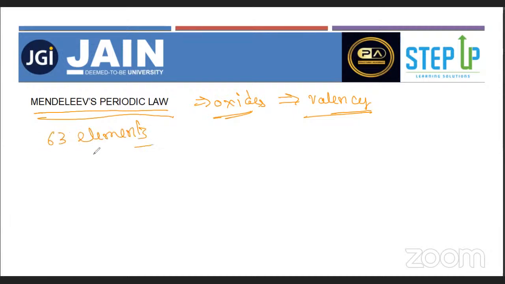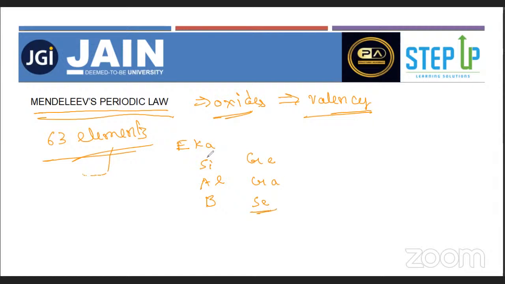After arranging, he left a few places, calling them eka-silicon, eka-aluminium, or eka-boron. Later, with the discovery of these elements, eka-silicon was identified as germanium, eka-aluminium as gallium, and eka-boron as selenium.